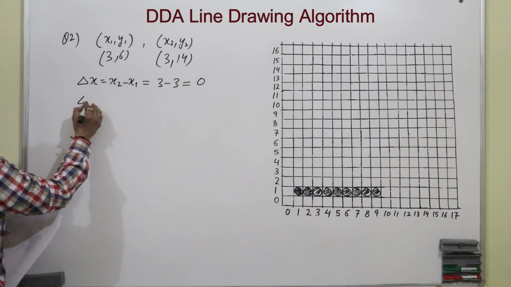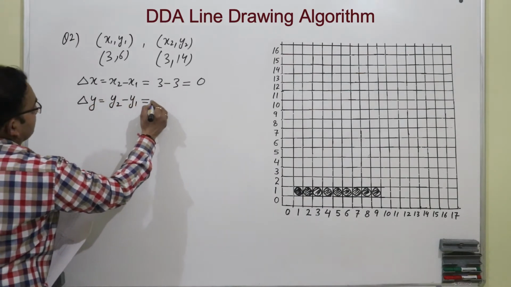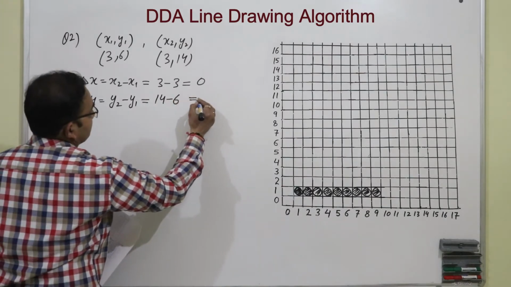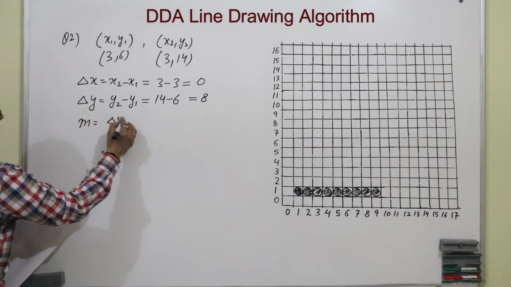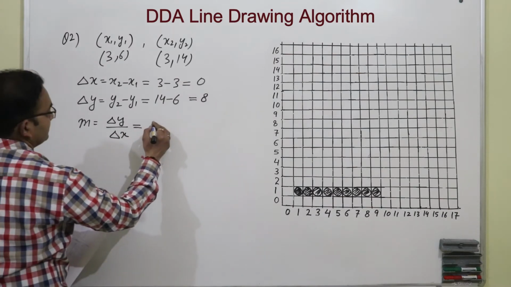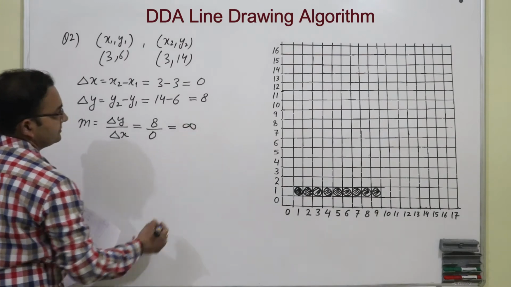Then calculate delta y equal to y2 minus y1 equal to 14 minus 6 equal to 8. Slope delta y upon delta x, 8 upon 0 equal to infinity.